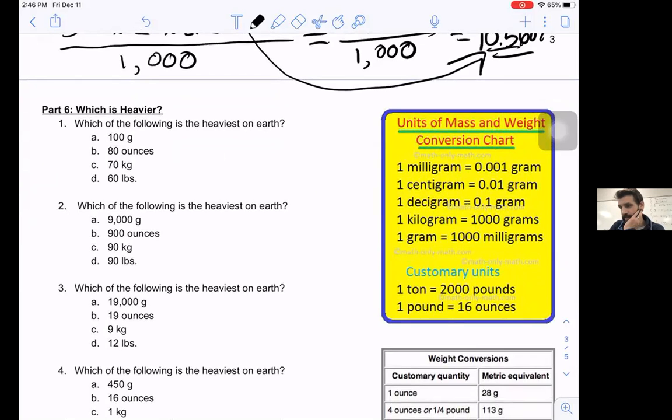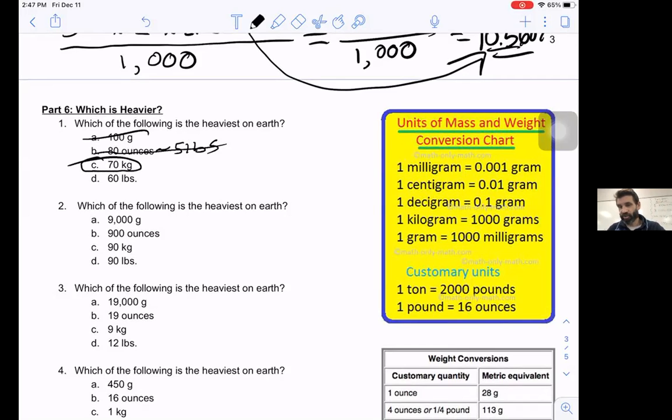So 16 ounces is approximately 5 pounds. So not going to be that. What's more, 60 pounds or 70 kilograms? Well, there's 2.2 pounds in each kilogram. 70 kilograms is close to what I weigh, about 150 pounds. So this is the most.